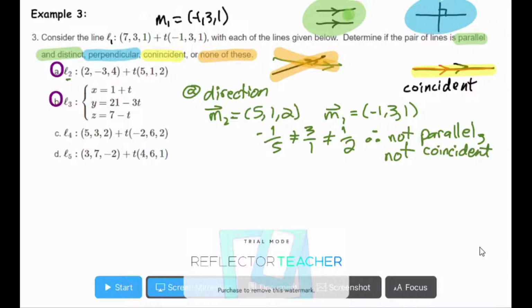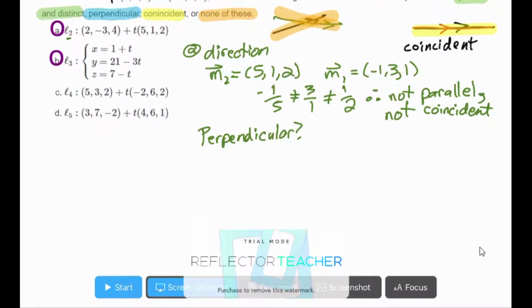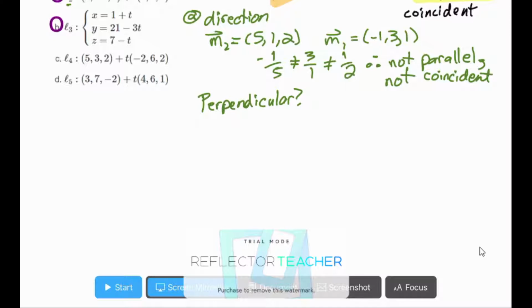All right, cool. Let's test for perpendicular. What is my test to tell if two vectors are perpendicular? We just find the dot product and see if it equals 0. So let's do M1 dot M2 equals, our first vector M1 was negative 1, 3, 1, dot our second vector 5, 1, 2.